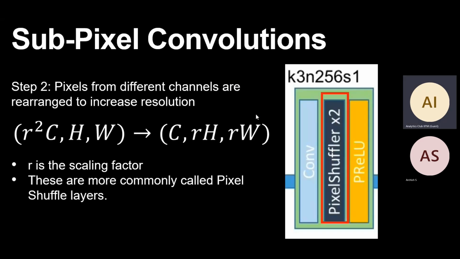In the second step, you take these R square channels and you rearrange the pixels in order to increase the resolution. You can see here we have R square C channels, right? We rearrange the pixels so that we have R times the initial height and R times the initial width. More commonly, these layers are called pixel shuffling layers.